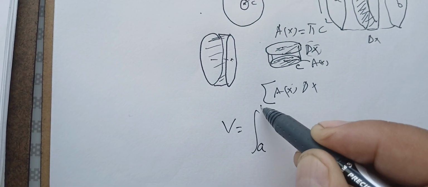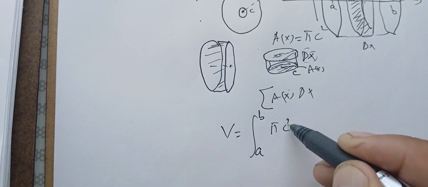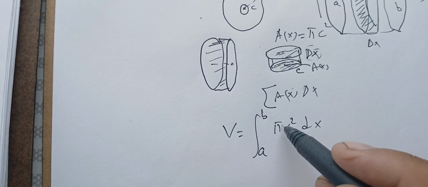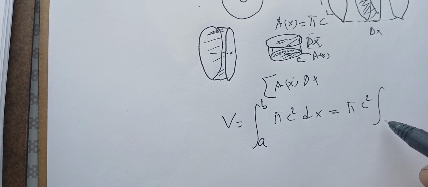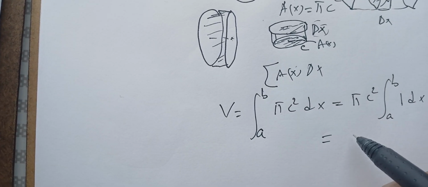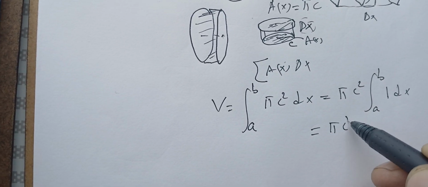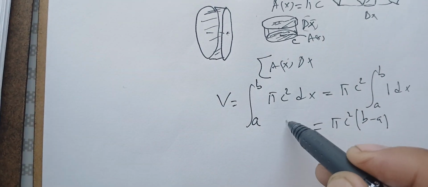So the integral between a and b of A of x, which is pi c squared, dx. Pi is constant, c is constant, so we have pi c squared times the integral between a and b of 1 dx. So this gives us pi c squared times (b minus a). So this is the volume.